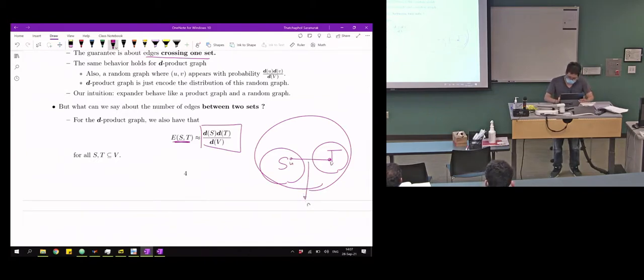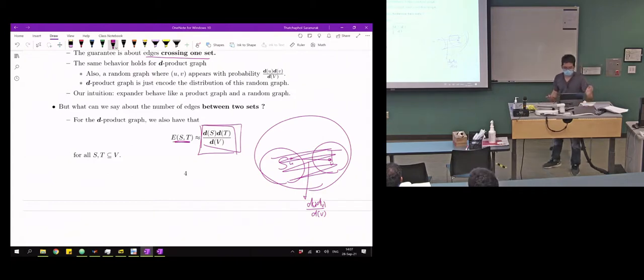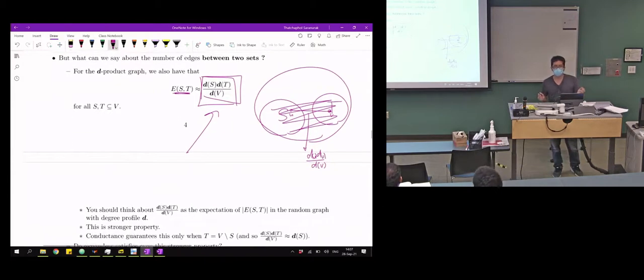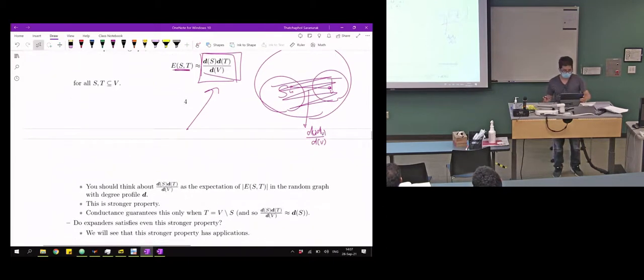Each edge UV has this weight, and when you sum over all pairs, you get this. So is it the case that an expander would have the same behavior, just like what holds for the product graph? That's the question.